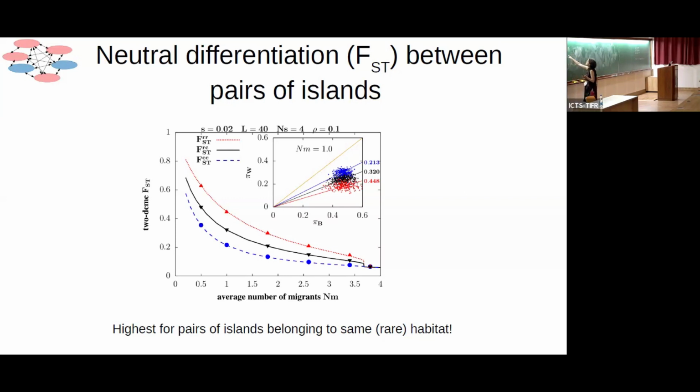Sorry, I got mixed up. So if you have more differences between two demes, then FST should be higher. Yeah, it should be this way, I think.